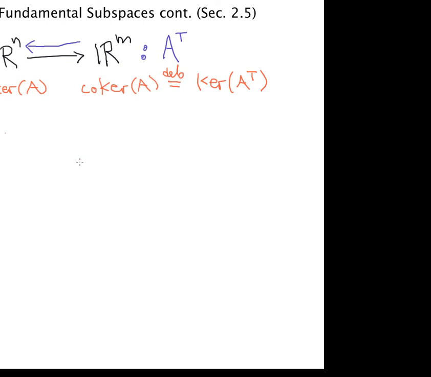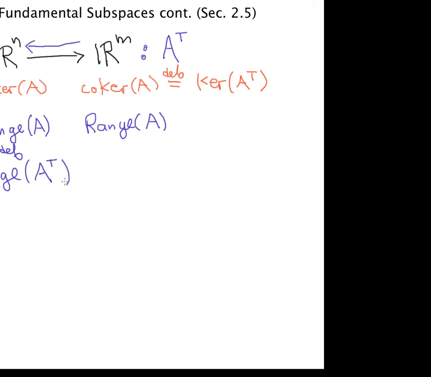And similarly, over here we had the range of A. And over here, I'm going to label the corresponding thing the co-range of A, which is just another word for the range of the transpose.